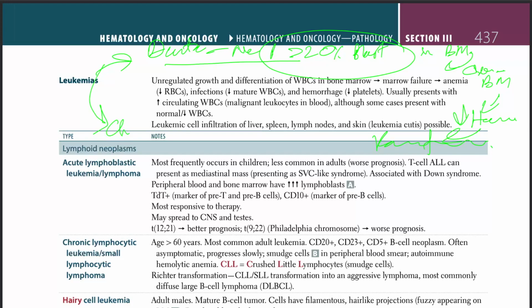Now let's talk about the chronic. If you have chronic leukemia, again you have neoplastic proliferation, but here in the chronic one, you have mature lymphocytes and also mature granulocytes.